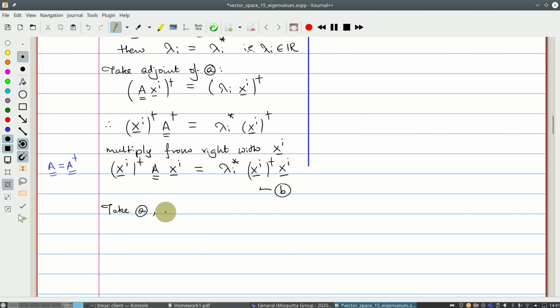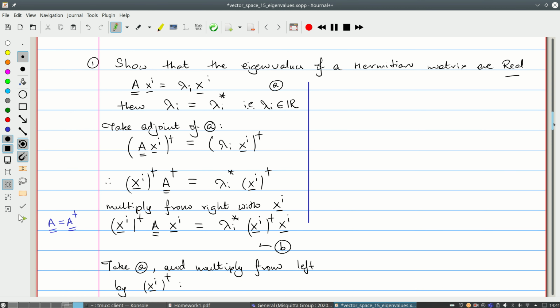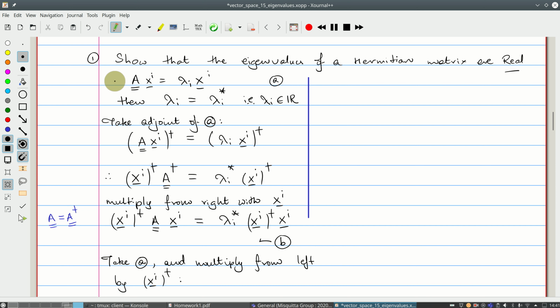Take A and multiply from left by xi dagger, and that will give us, so let's have a look at A multiplying on the left with xi dagger, we'll have xi dagger A xi is equal to lambda I xi dagger xi.